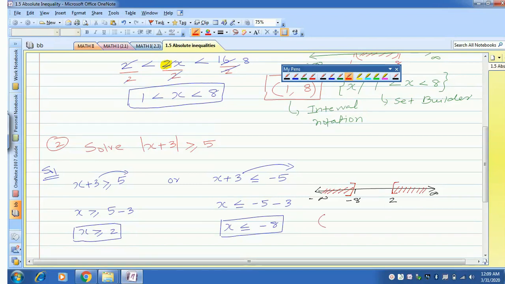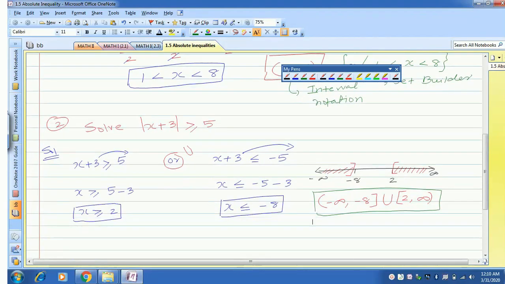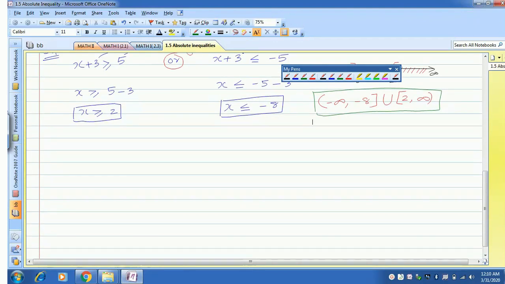Now what is the interval notation? Minus infinity to minus 8 closed, then union. Or means union, and means intersection. Then 2 comma infinity. So this is the final answer of the question, where absolute value is more than 2. So this is the solution. Now we will take another example.